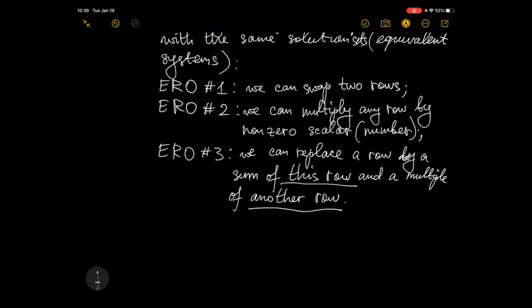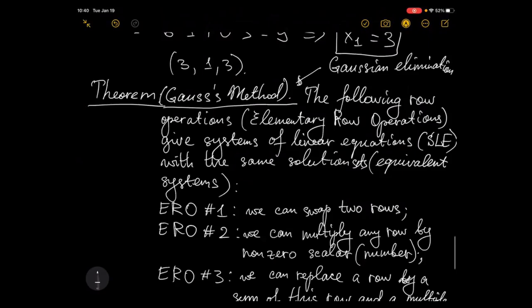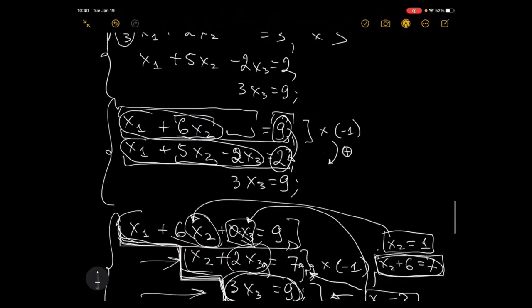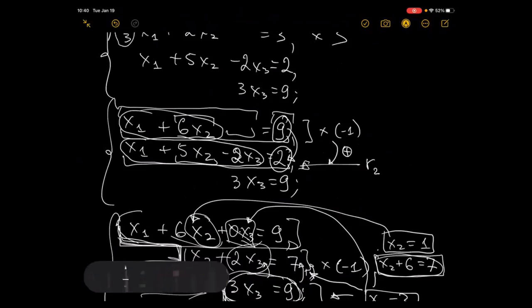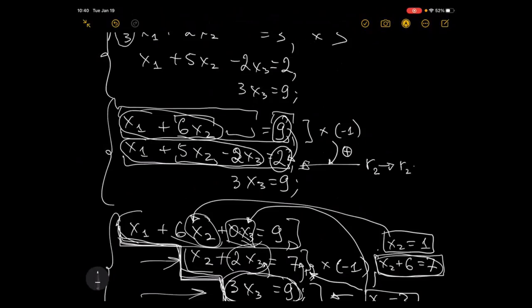So pay attention. So this is exactly what we did here, for example. Here, we replaced row 2. We said that let us replace it or assign it, or if you like, I can write it like that. Row 2, I replaced by row 2 plus -1 multiplied by row 1.